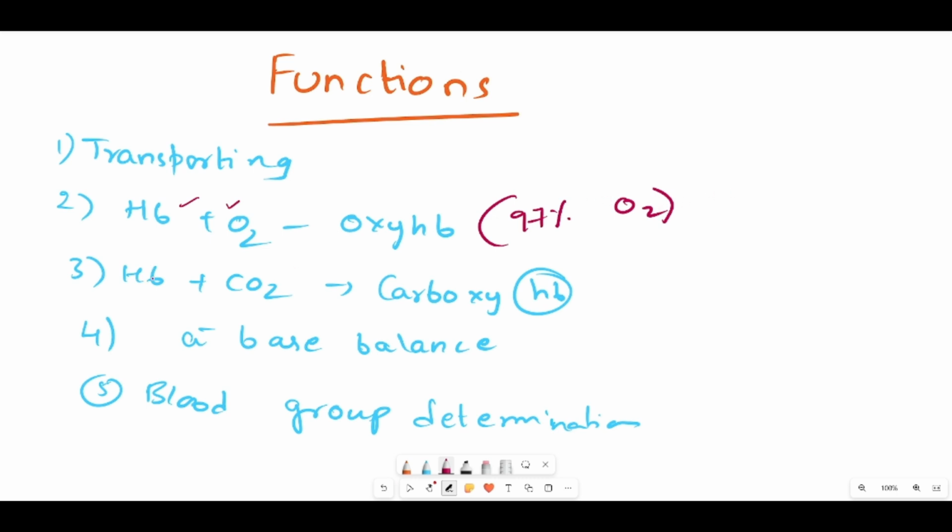Similarly, if the hemoglobin gets bound to the carbon dioxide, it will be giving carboxyhemoglobin, and this will also be transferring approximately 30% of carbon dioxide. And this is useful for maintaining the acid base balance in the body, and this is also useful for the blood group determination.